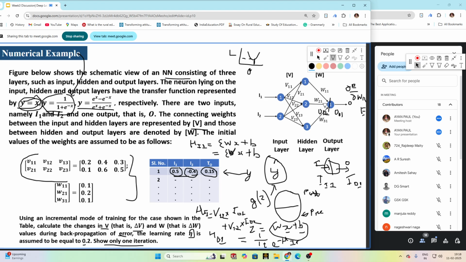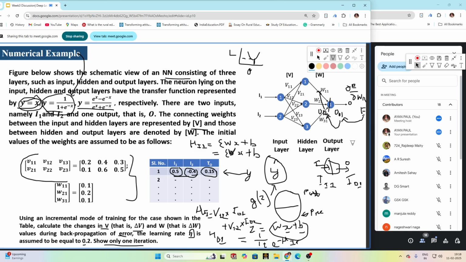OO1 is this part and OI1 is this part, and then we have W11. We cannot directly calculate del E by del W11, so first we go from E to OO1, then OO1 to OI1, then OI1 to W11.